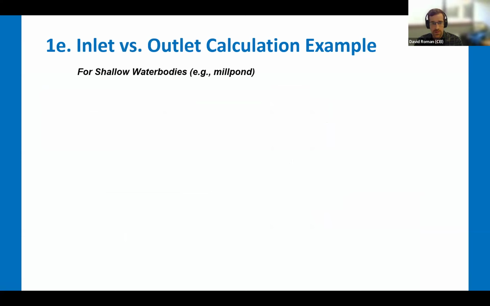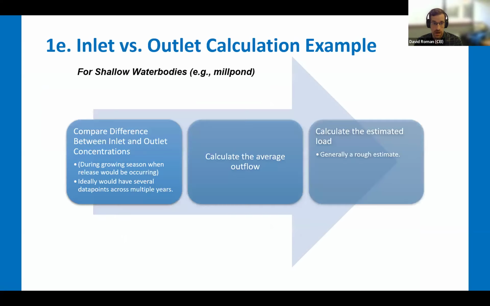Some other examples, which might work better for a shallow water body like a mill pond, or actually our example in Foots Pond could work well, is to simply compare the difference of phosphorus between the inlet to the lake and the outlet to the lake, and then figure out what the typical outflow is, and then you can get a rough estimate of internal load.